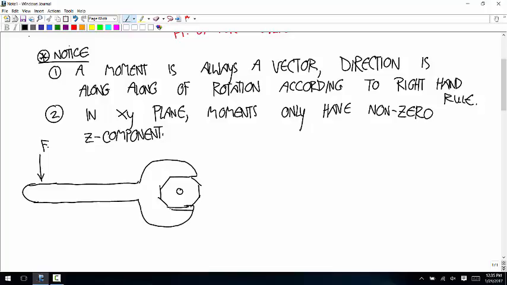In this case, it would produce a counterclockwise rotation.